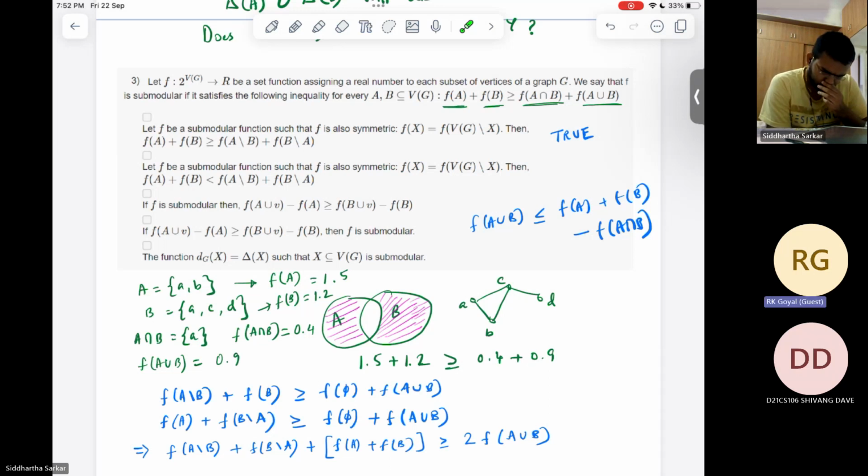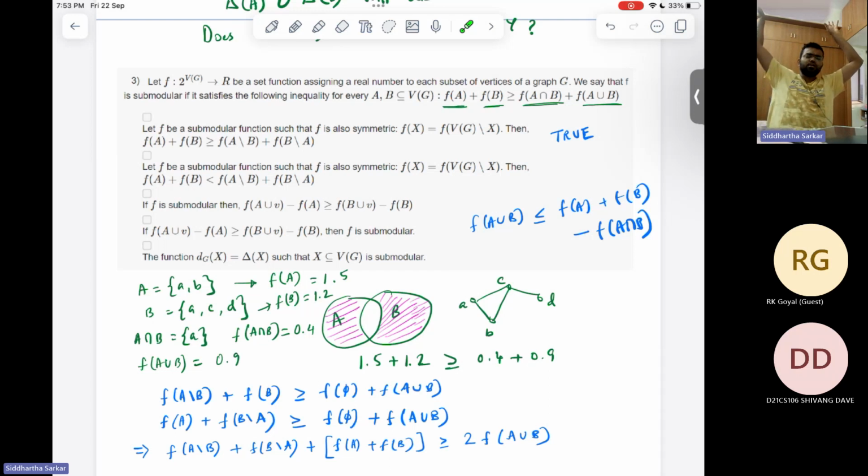But in all these simplifications, we are not taking the benefit of this fact that f of x is equal to f of Vg excluding x. Okay, that's a good observation. So f of a minus b. What is the complement of a minus b?